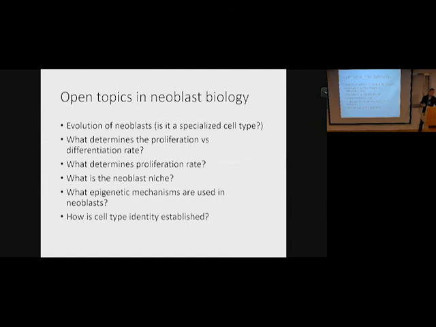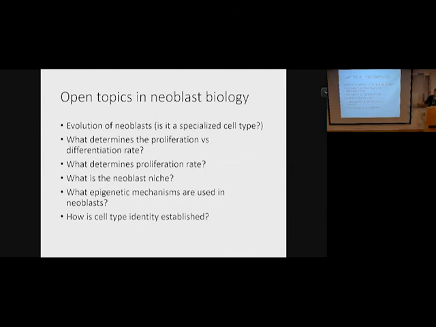Some people think of stem cells as being similar to a blastomere, but they may actually be a specialized cell type, similar to germ cells that can form an entire embryo, but are extremely specialized. So there could be a very interesting evolutionary history to those cells, and they are found not only in platyhelminths. Also, what determines the proliferation versus differentiation ratio.